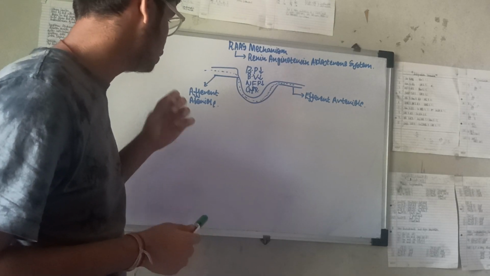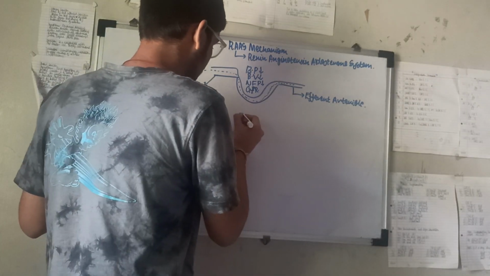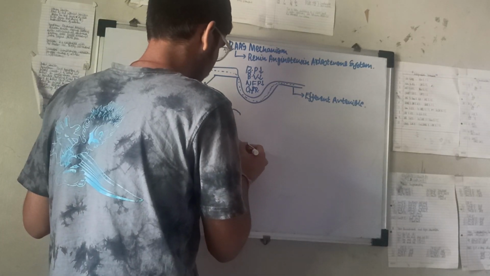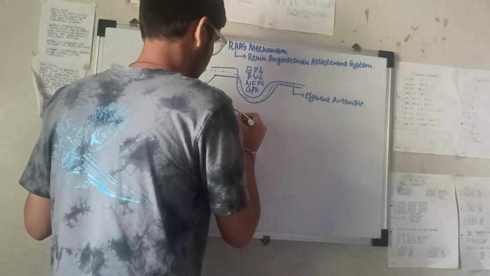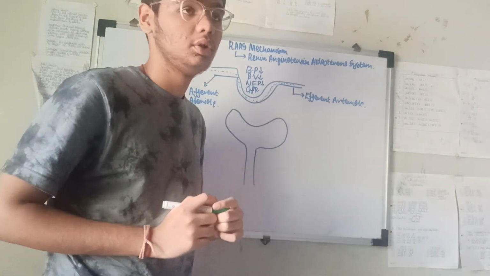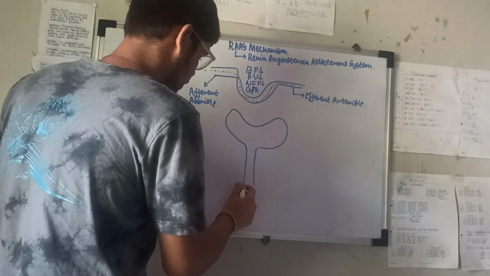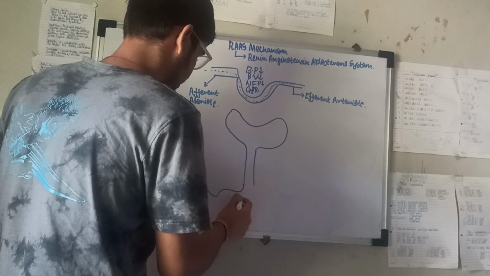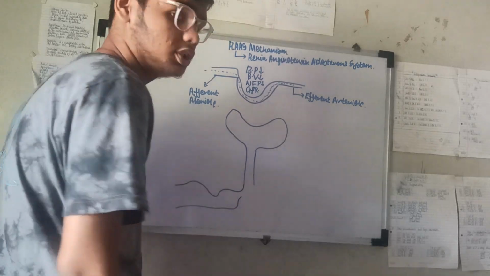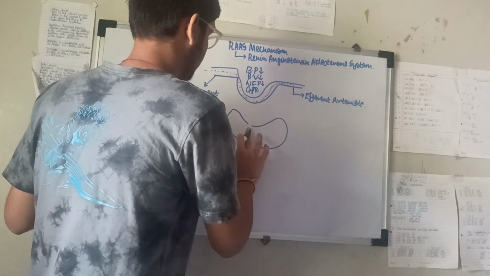So to counter this, what is the mechanism which we will see? Here I will draw a Bowman's capsule. This is a cup-shaped Bowman's capsule. This is the PCT, and the coiled network below this is the DCT.